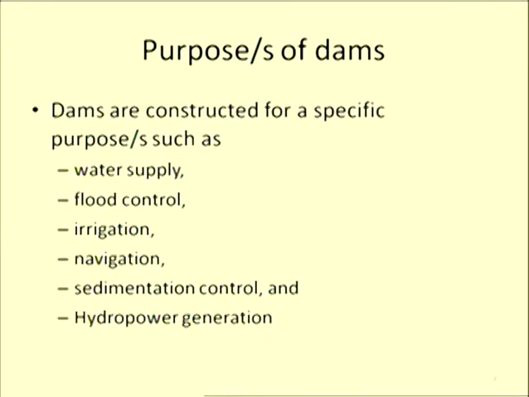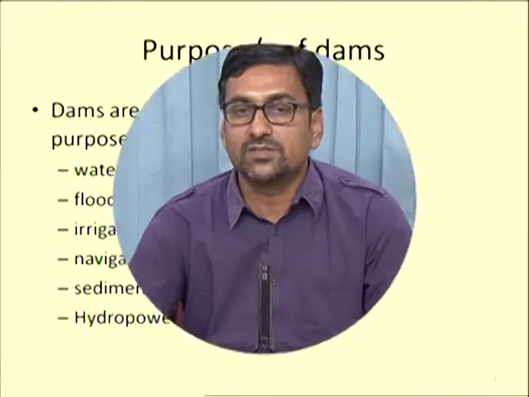Last in the list of purposes is hydropower generation. The need for power in India is tremendous. We are not self-sufficient. Thermal power, nuclear power, and many other sources are available. The contribution of hydropower is also quite big in the total power sector.